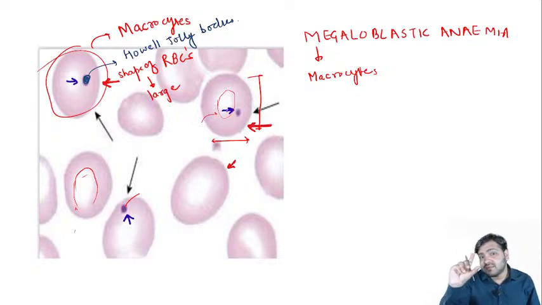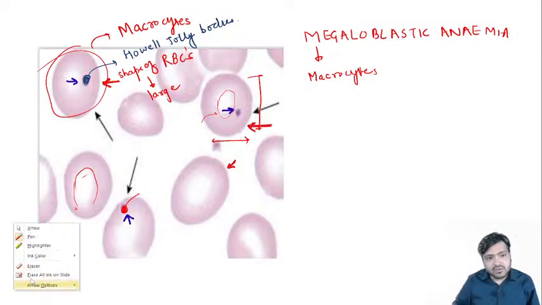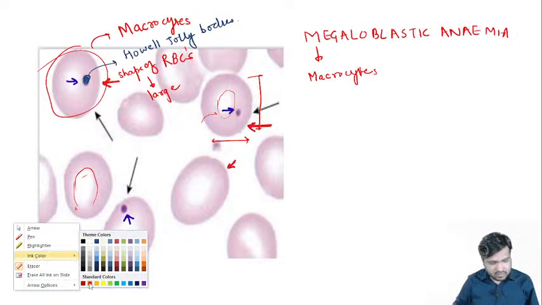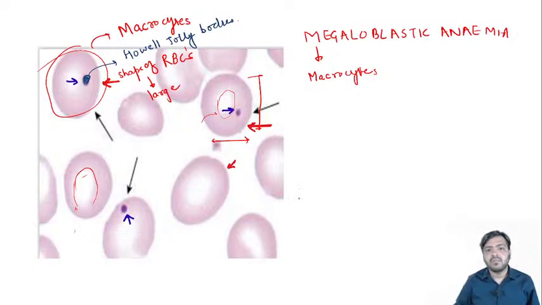Basically the size of the RBC has increased. Along with that, you will find the nucleus remnants over here, that is the Howell Jolly bodies, which you can very well appreciate in this particular picture. So that is megaloblastic anemia, guys.